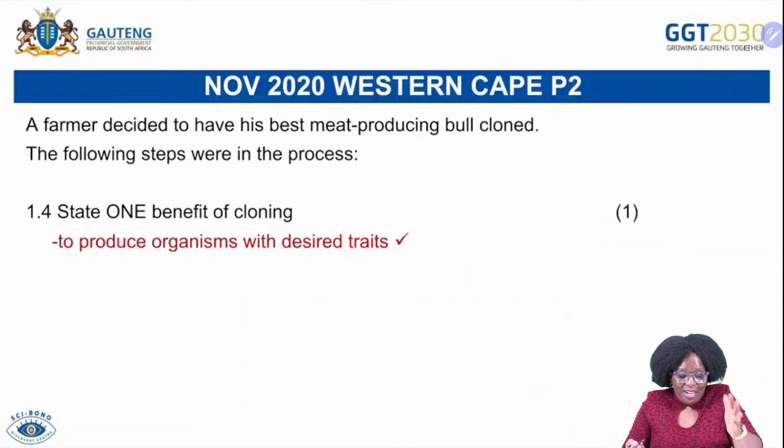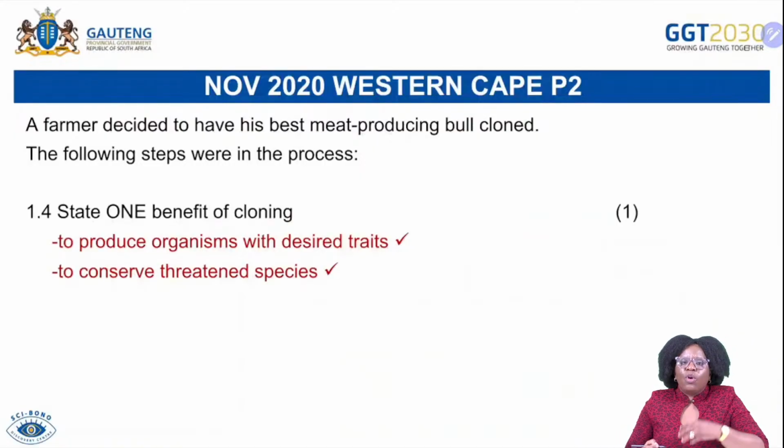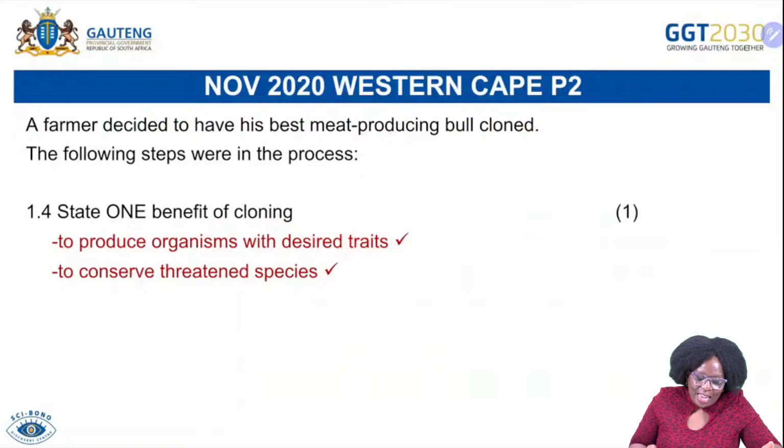For example, in this scenario, we are now getting organisms with the best meat-producing genes. So, to produce organisms with desired traits and to conserve threatened species. Let's say this best meat-producing bull was becoming threatened.